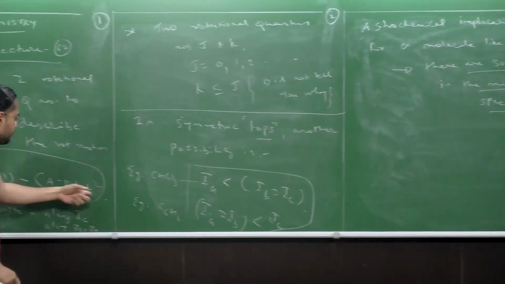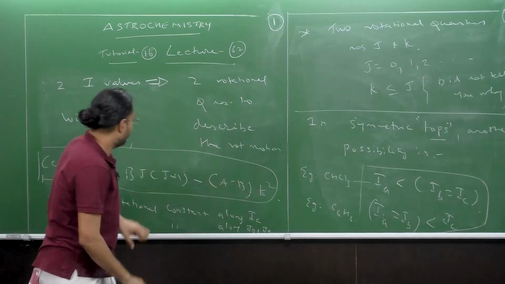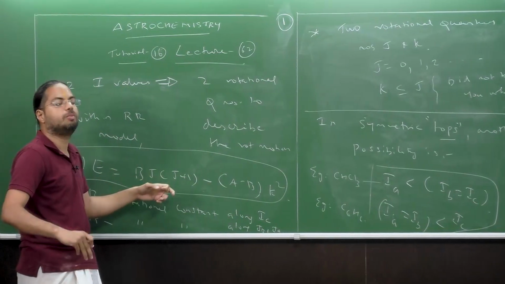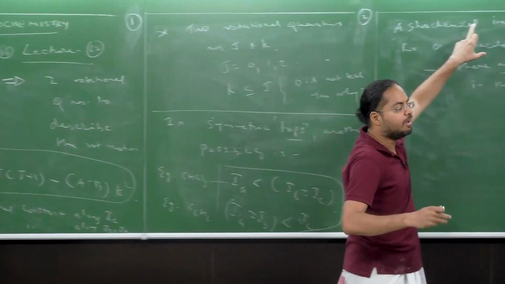Corresponding to the K quantum number, you'll have some branch, and similarly corresponding to the J quantum number also, you'll have some branch. And due to this symmetry, you can identify them easily.